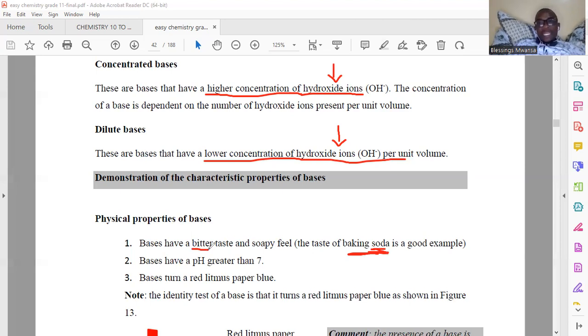If we get a pH meter, which we'll soon talk about in the videos to come, and you dip it in the solution, which is a base, on the digital screen it will record a pH that is greater than 7.